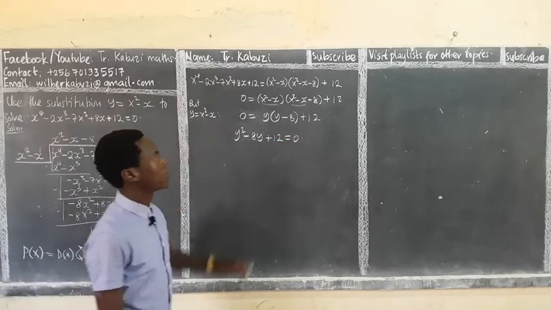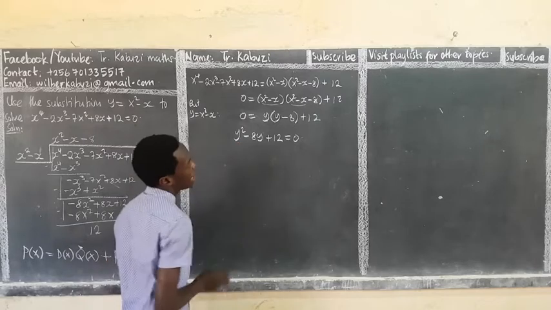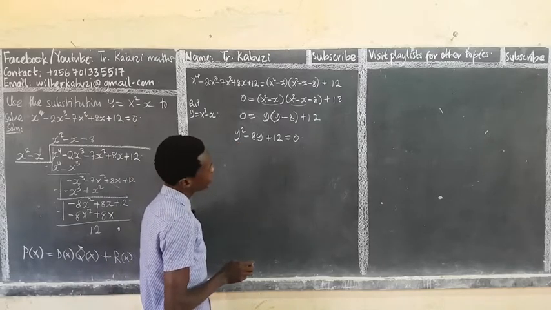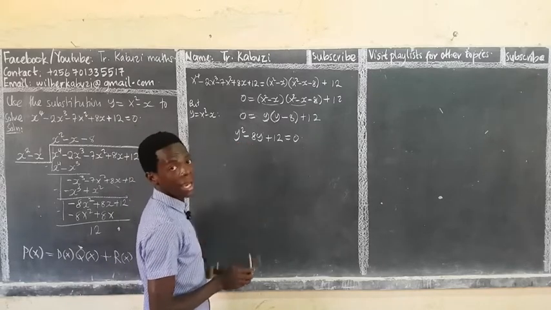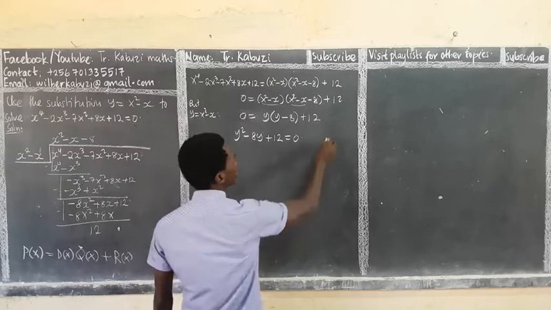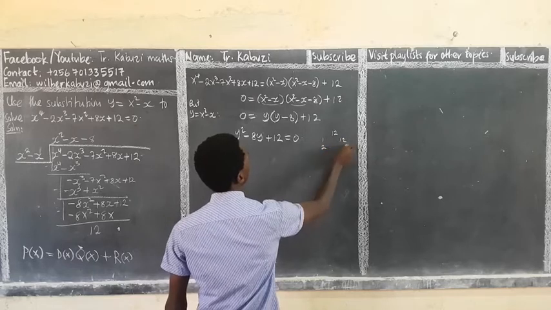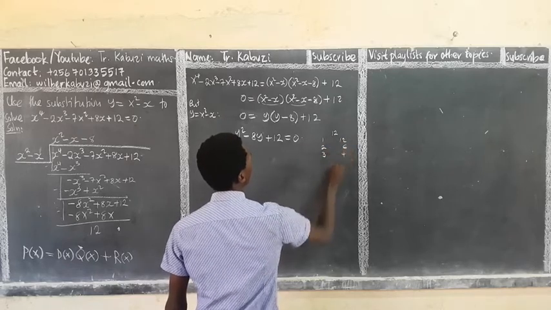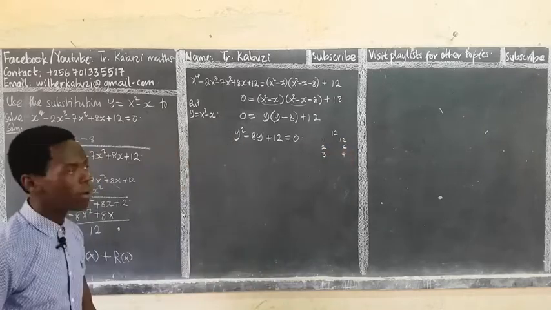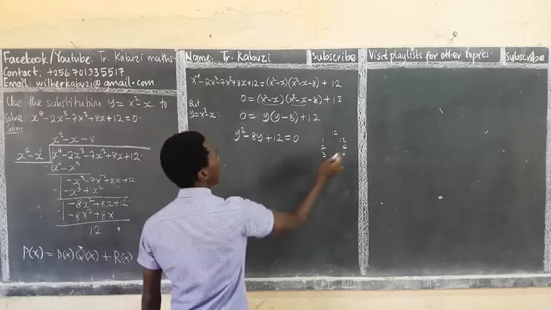Factorize this. You can see two numbers I multiply, I get 12. When I add, I get 8. So you get factors 1 and 12, 2 and 6, 3 and 4. Those are the factors of 12. I multiply them, I get 12.